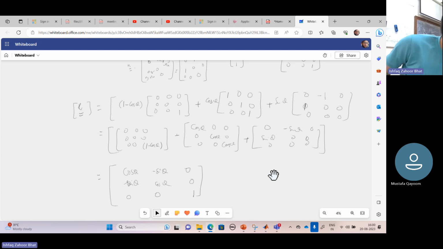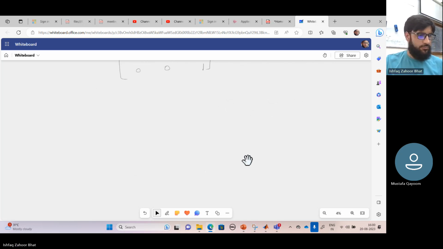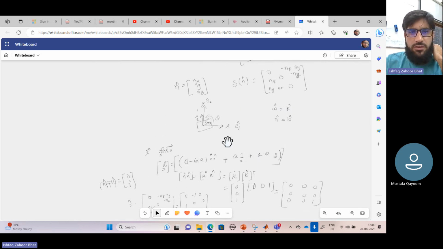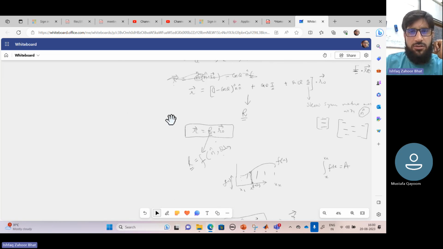So let's continue and see what about the derivatives. What about the velocities? By the way, I think I have missed that this formula is a very famous formula, and I have not told it yet.